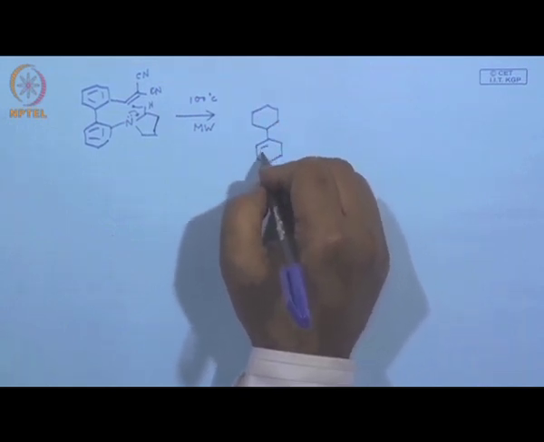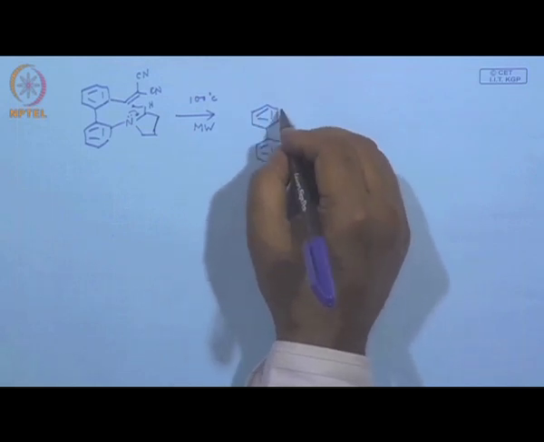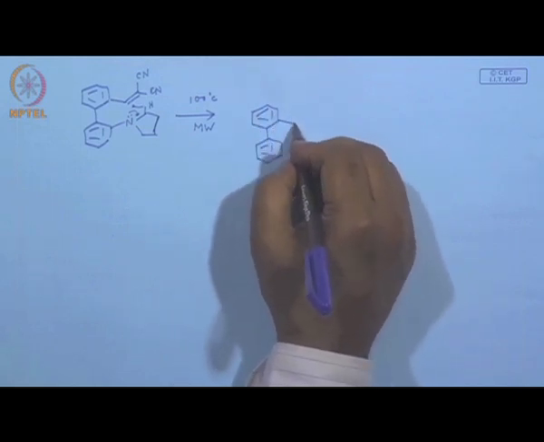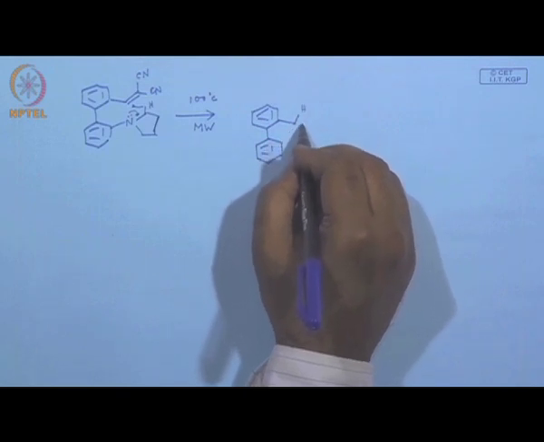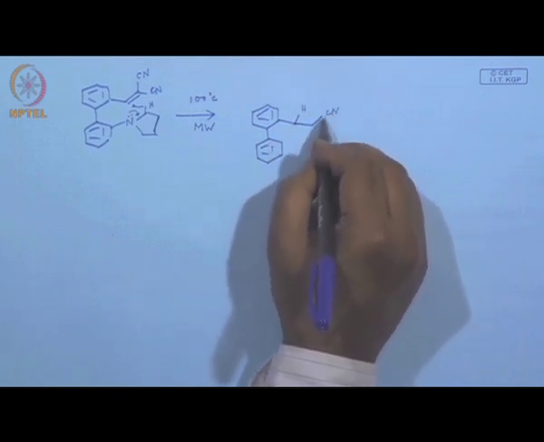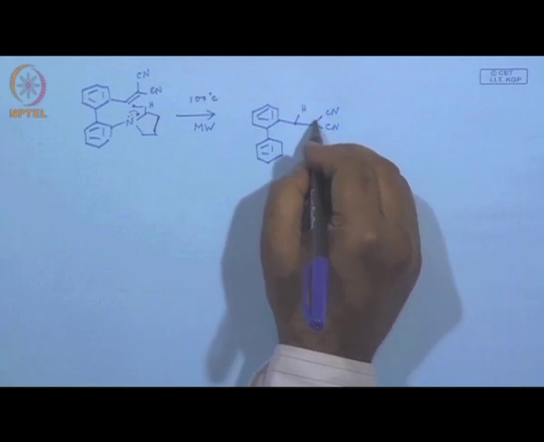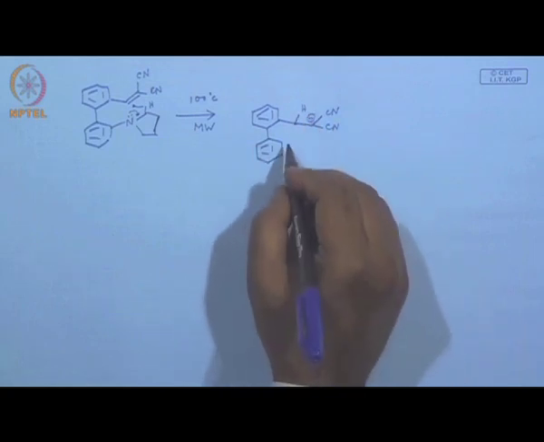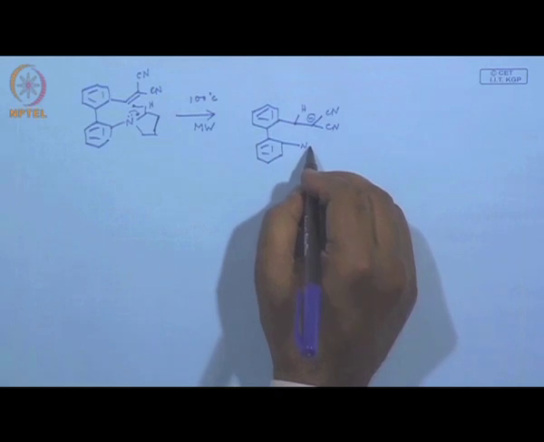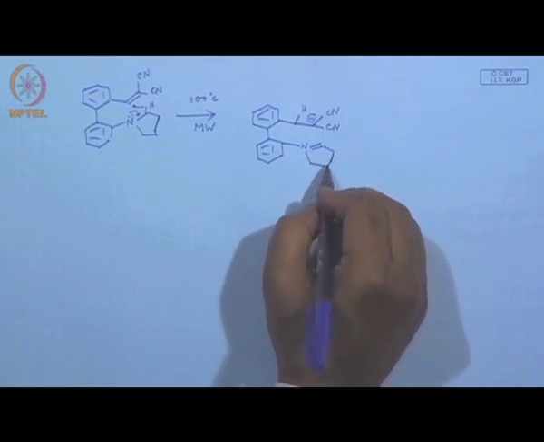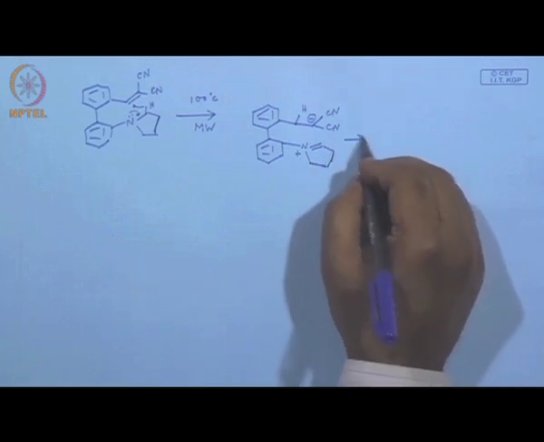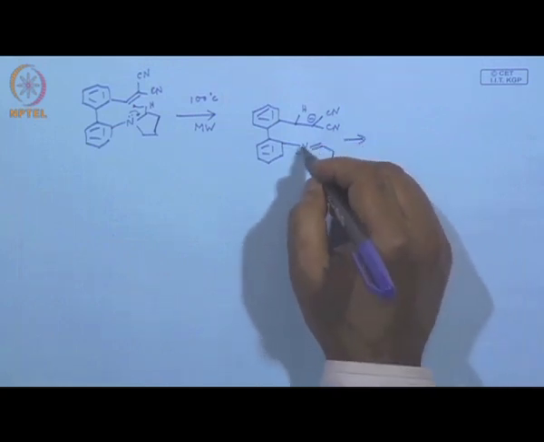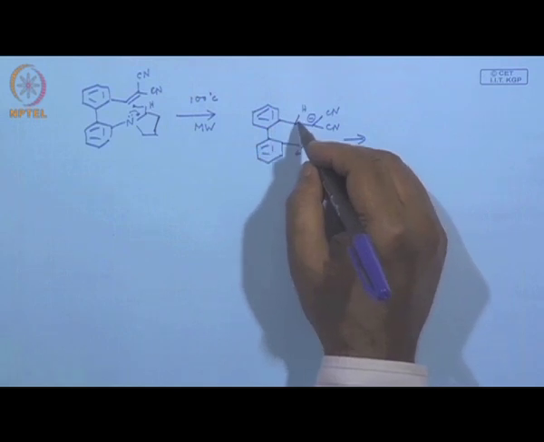So, if the hydride is shifted to this place, the backbone remains as it is, and then you will get a carbon here, this nitrogen and then an iminium ion. Apparently the reaction is very general under these conditions, so you will have 1, 2, 3, 4, 5, 6, 7, 8.